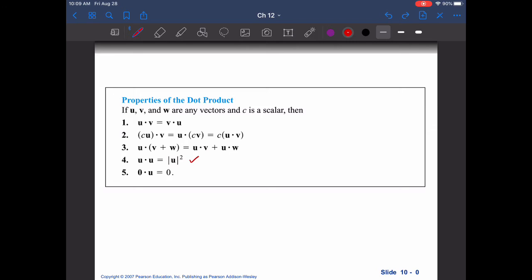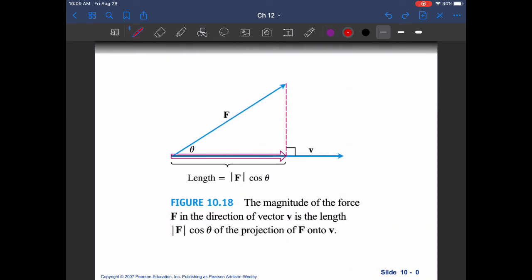All right, here, we're going to kind of come back to this picture, but the magnitude of the force in the direction of vector v is the length F cosine theta. So this comes just straight from triangles, right? Where this is length L, and we can say cosine of theta is equal to L, the adjacent side over the hypotenuse, which means that F cosine theta equals that length, and that's what we have right there.